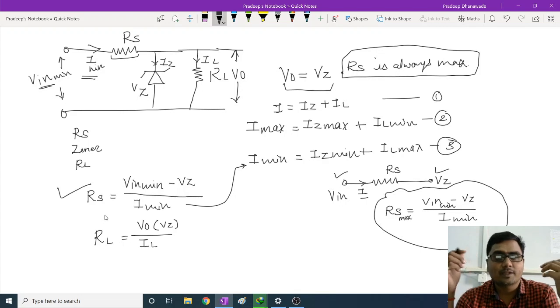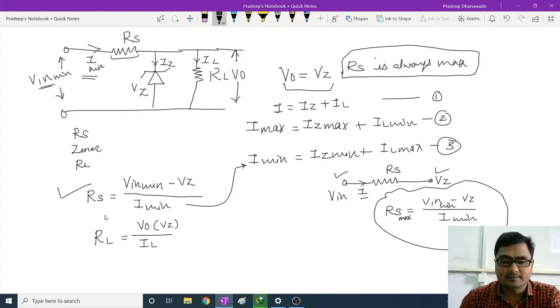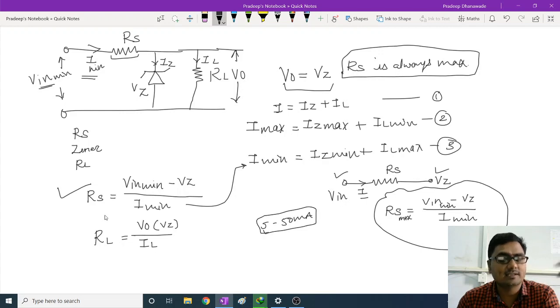Sometimes the load current given in the statement is a range of load current. For example, some people specify: design a Zener shunt regulator for a load current of 5 to 50 milliamperes. Look at this. Now 5 to 50 milliamperes is the range of load current they have specified. It means this is the minimum value of load current and that is the maximum value. So to calculate the load resistor, I have to consider both the minimum and maximum values of load current.